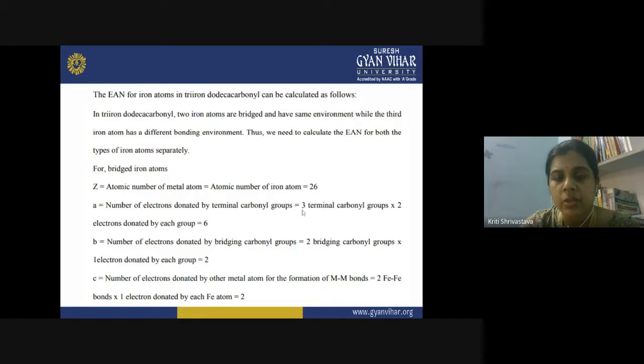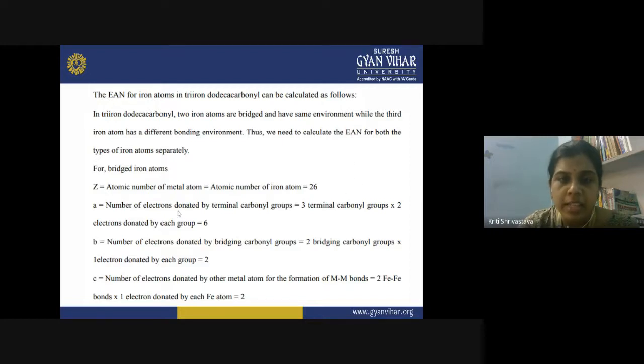A total of 3 terminal carbonyls are present on each of the irons. In the dodecarbonyl, you have 12 carbonyl ligands. Among these 12, 3 carbonyls are present on each of the irons. So it will be 9, sorry, 6 terminal in total, and the 3 are in the bridging mode.